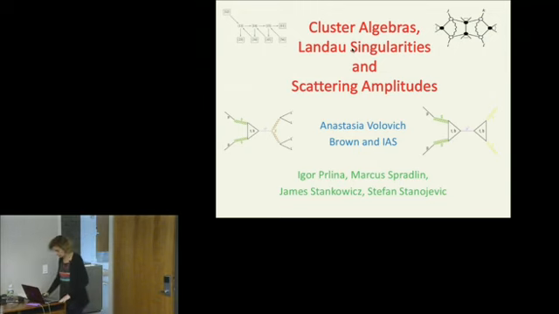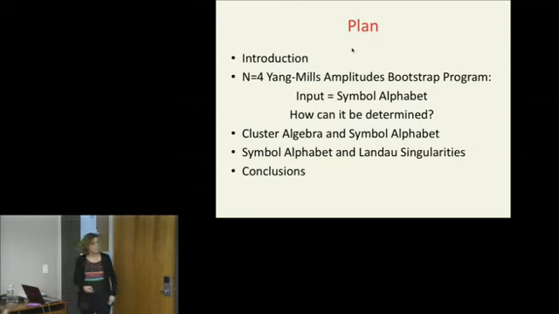Okay, so let me start with a plan. I'm going to start with a quick introduction of what objects we are going to study and why they are of interest. Then I'm going to try to explain, in a very hand-wavy way, the so-called bootstrap program for computing scattering amplitudes.